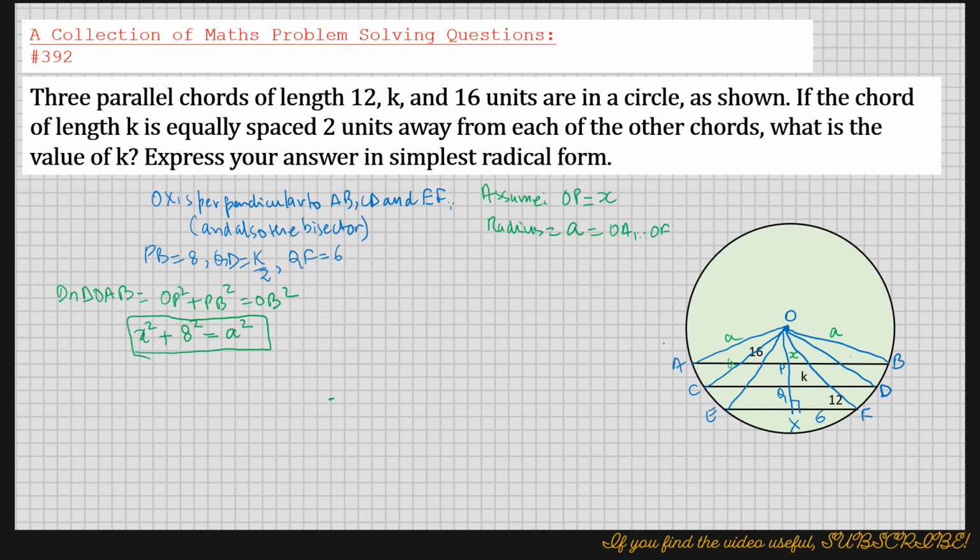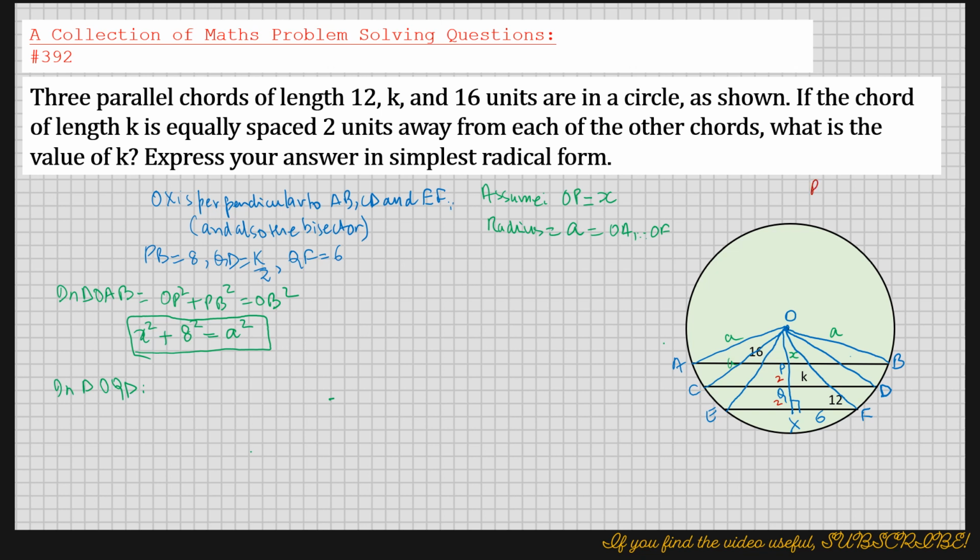The next one we'll get in triangle OPD. Here we have been given something that I forgot to mention: the chord k is equidistant, equally spaced 2 units. So PQ equals 2 equals QX. It's a good thing I named it.